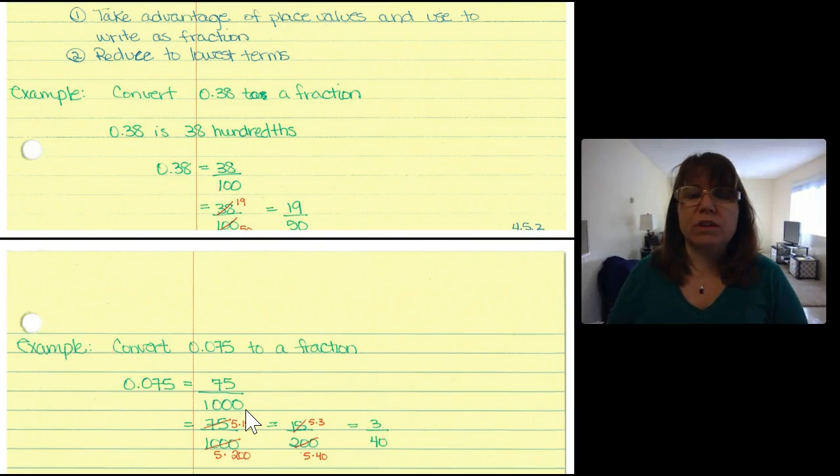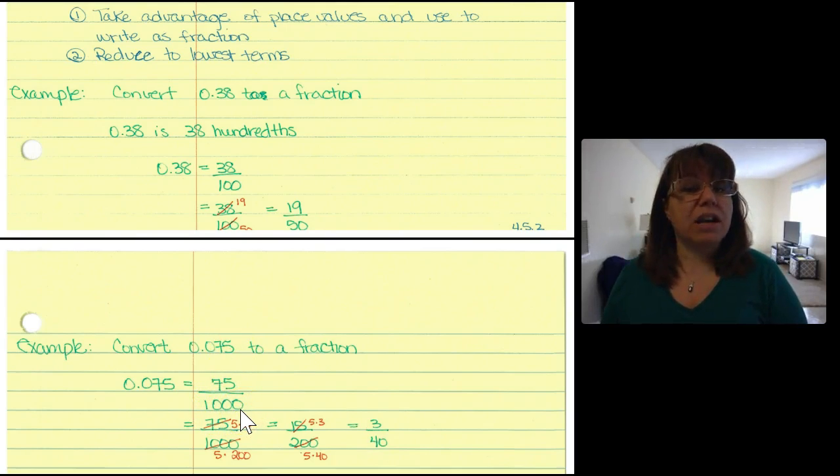0.378, we don't necessarily say the whole big number. Just like with the whole numbers, we might say 572 for 572. But if you don't remember the name of the actual number, which this is 75 thousandths, then what you do is after the decimal, you count how many digits you have. 1, 2, 3. Therefore, the number on the bottom has that many zeros.